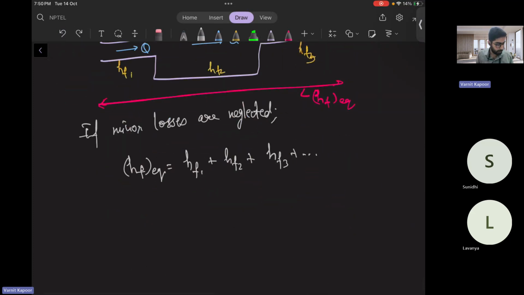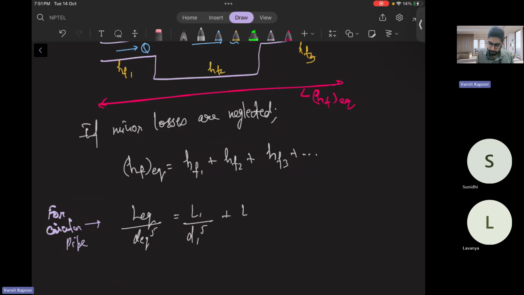For a pipe flow, L equivalent by D equivalent to the power 5 for a circular pipe is equal to L1 by D1 to the power of 5, plus L2 by D2 to the power of 5, and so on. So in series, flow rate is the same and losses are added up. It's similar to current and potential; potentials are adding up. Whereas in a parallel connection, flow rates get distributed and losses are equal.